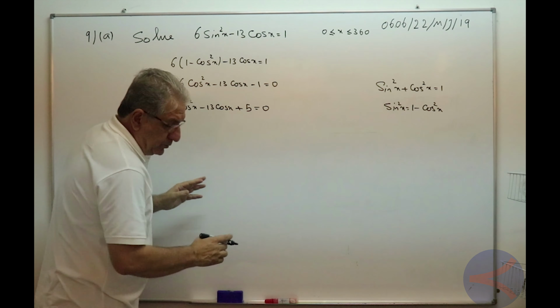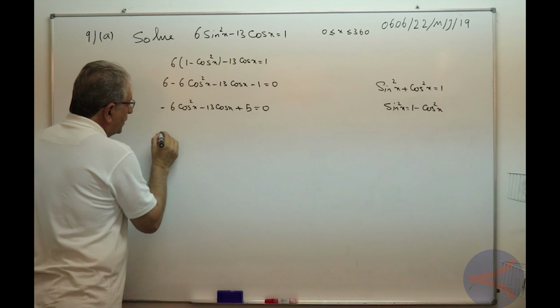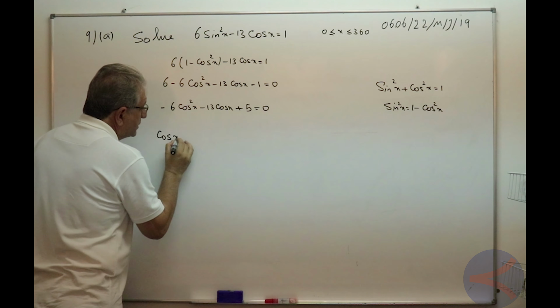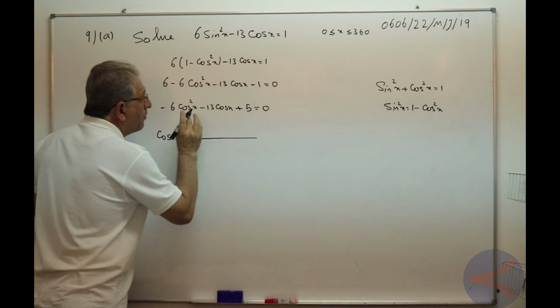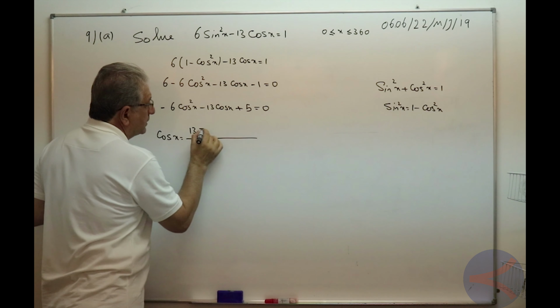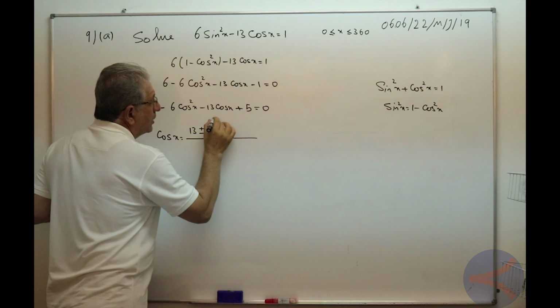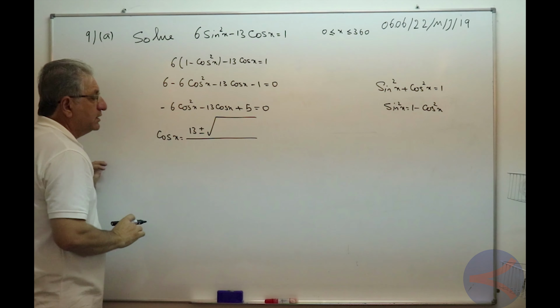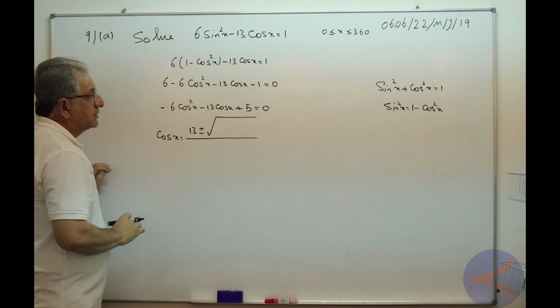So I will go for cos x equal to minus b. b is minus 13, therefore minus b will be 13.